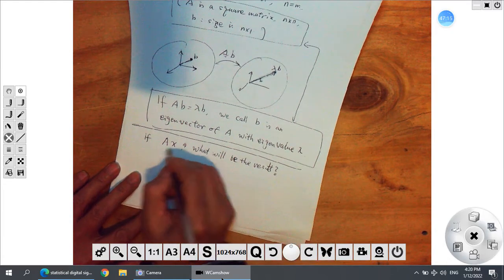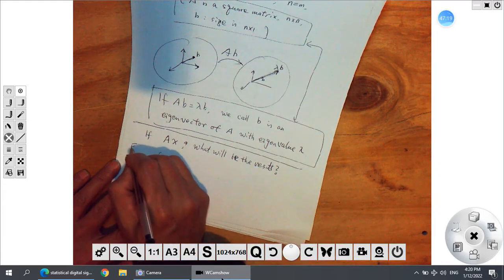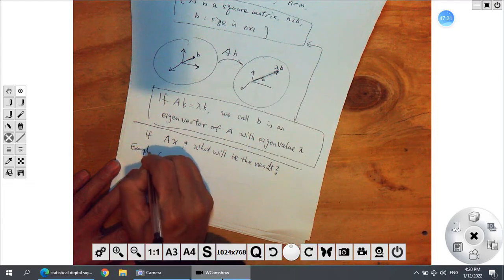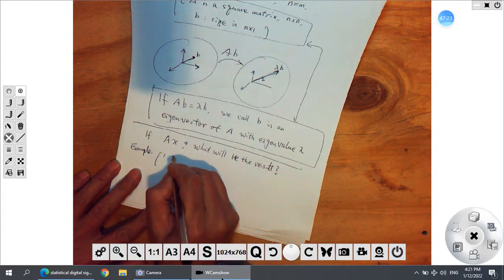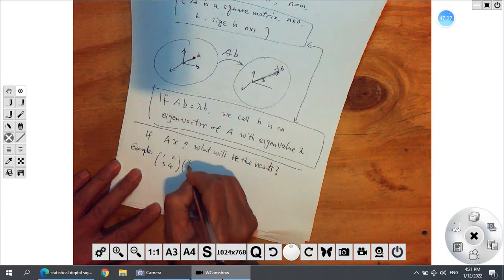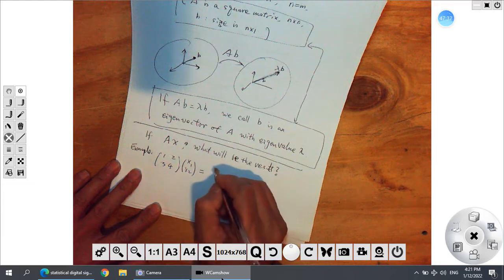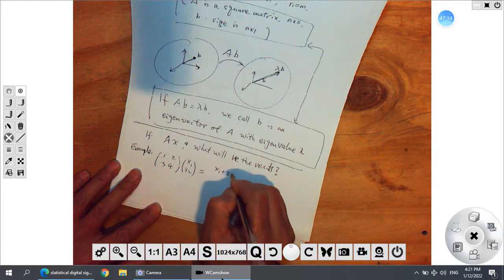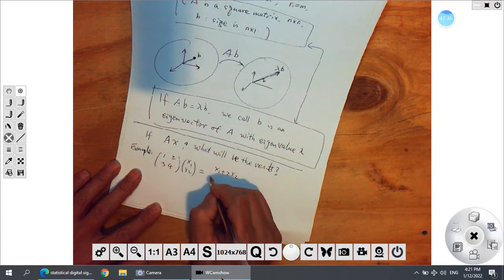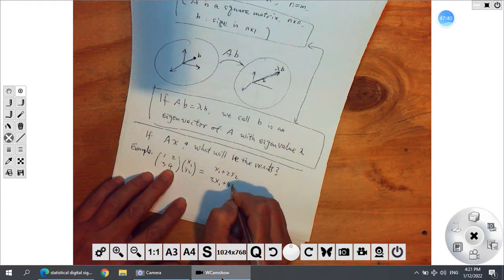Here A is, for example, I use a matrix example to say. Example: 1, 2, 3, 4, a square matrix times x1, x2. What is this? This is 1 times x1 plus 2x2. And here's 3x1 plus 4x2.